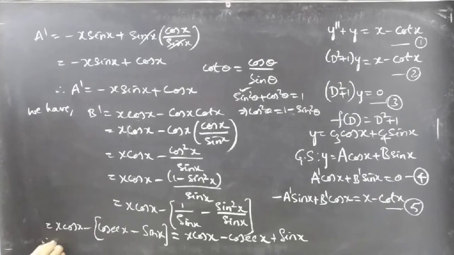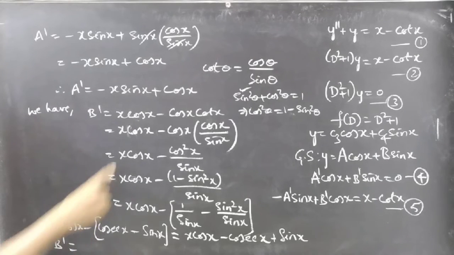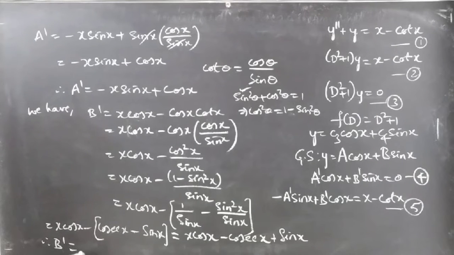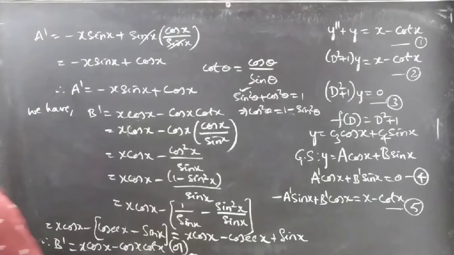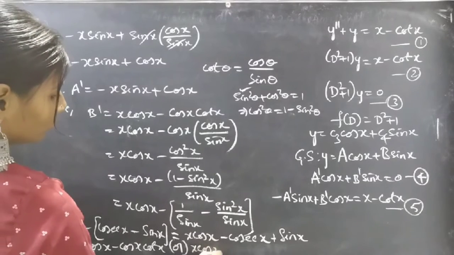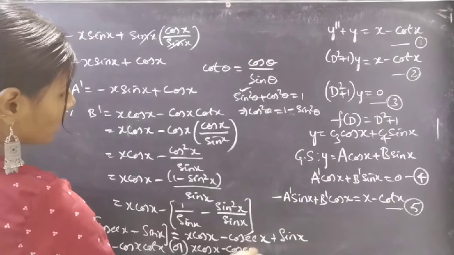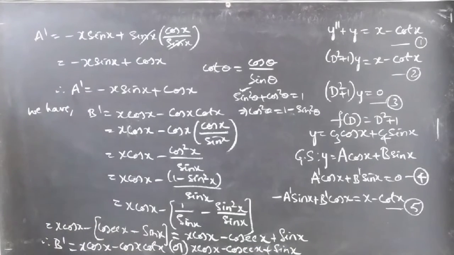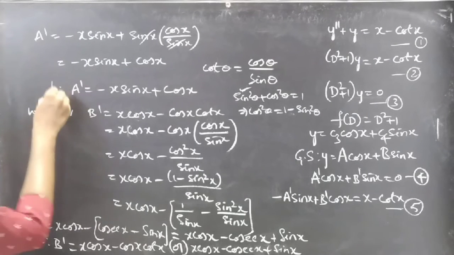Therefore, b dash equals x cos x minus cos x cot x, or x cos x minus cosecant x plus sin x. Okay, so we got a dash and b dash.